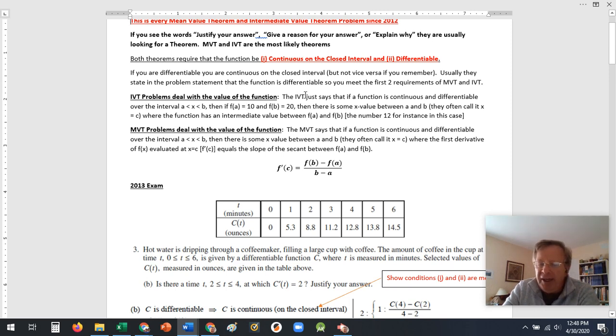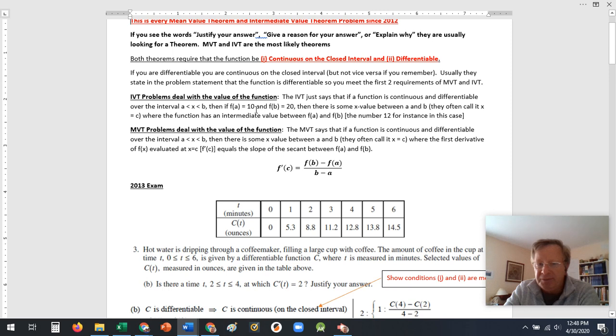All the IVT, the intermediate value theorem means, intermediate means between two things. Okay? It's just telling you that if the function's continuous and differentiable over an interval, then if you've got some y value when x equals a, and some y value when x equals b, then there's going to be some x value between a and b, and they often use the letter c. They say x equals c, where the function has an intermediate value between f of a and f of b.